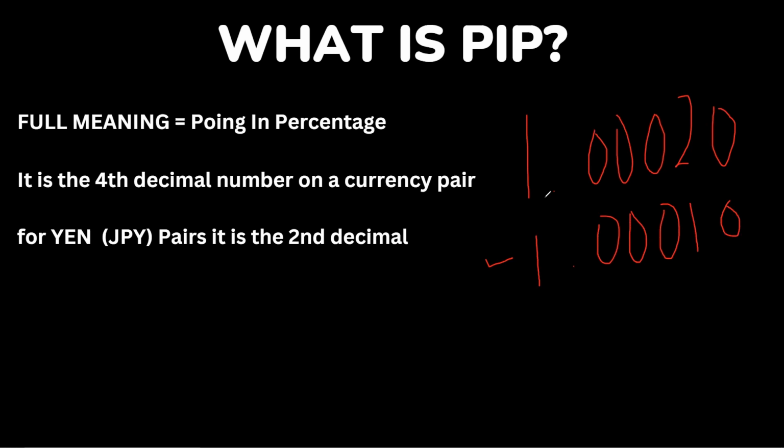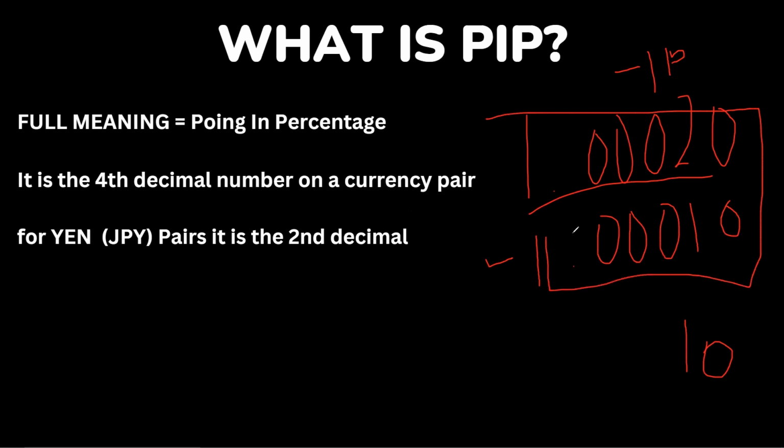This minus this will give you one pip. That means the market moved 1 pip, right? So that's how they do the calculation. If you want to know how many pips the market has moved, you basically do this calculation.